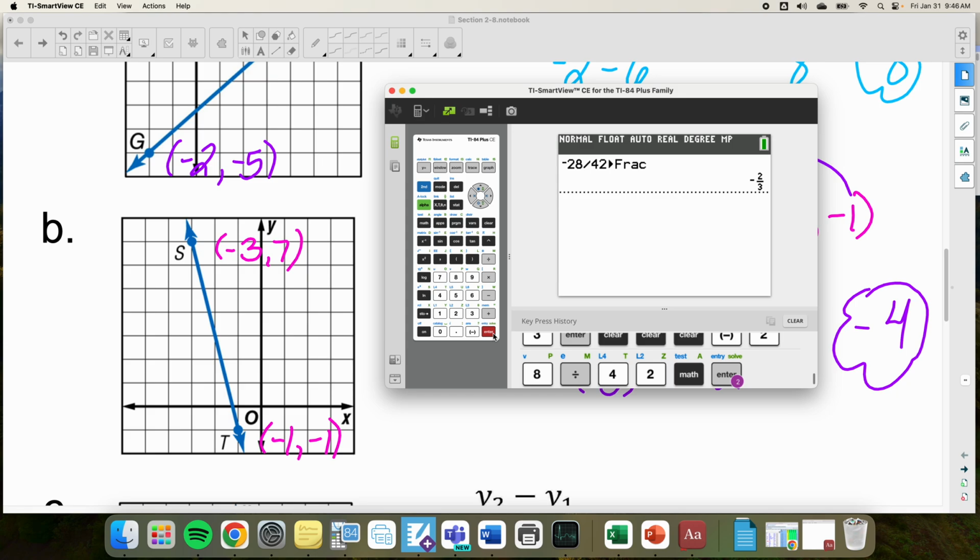Unfortunately, the other calculators only reduce a fraction if the top number is smaller than the bottom number, but you still can do it if that's the case.